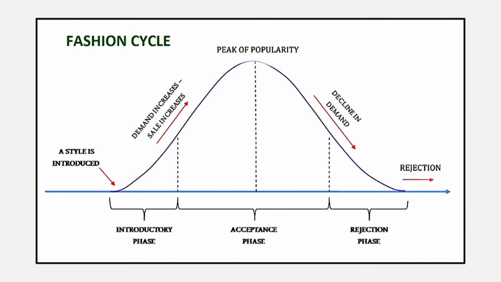Let us have a look at the graph here. A style is introduced when it is generally worn by actors or actresses in a movie, or shown in fashion shows by international designers, or manufactured and introduced by retailers.